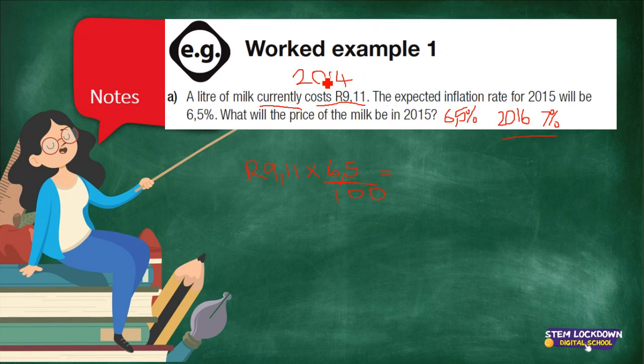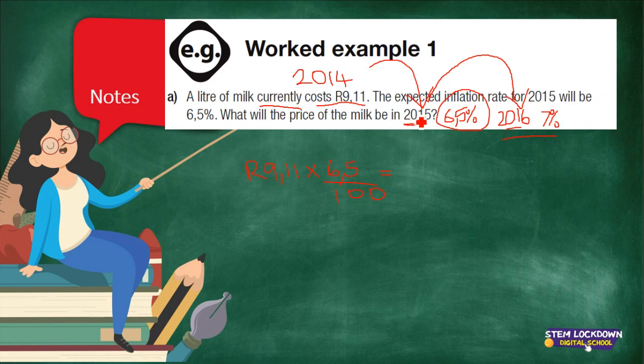We're moving from 2014 to 2015, an increase of 6.5%, and then that price will now increase by 7%, right? So if I'm given the cost of milk in 2014, and I'm told it has increased twice, by 6.5% in 2015 and 7% in 2016, that means I need to do this step by step. I can't add percentages.